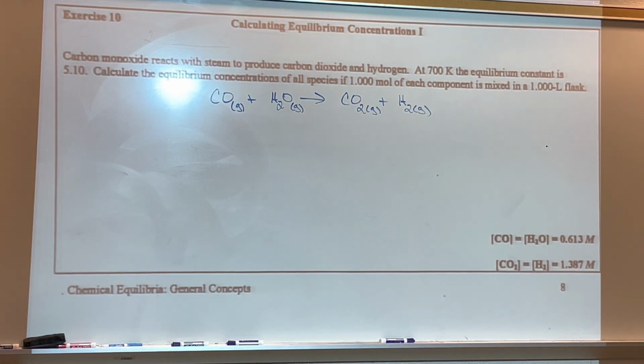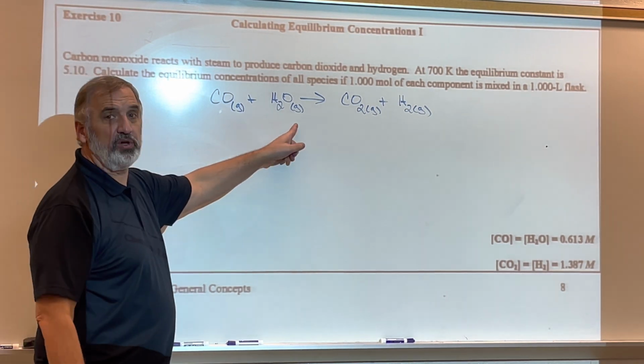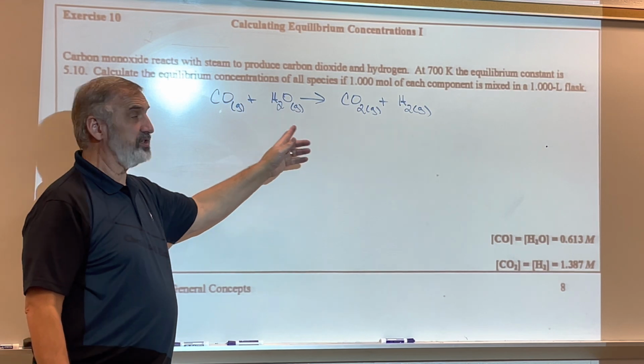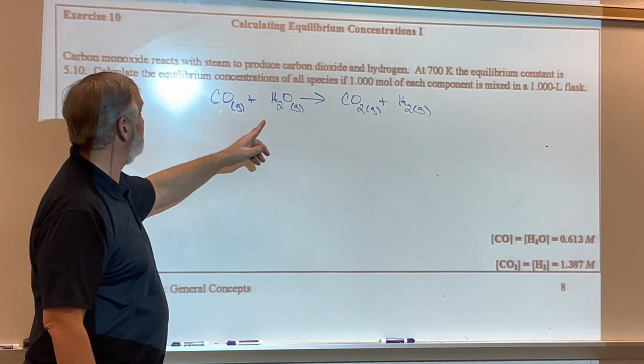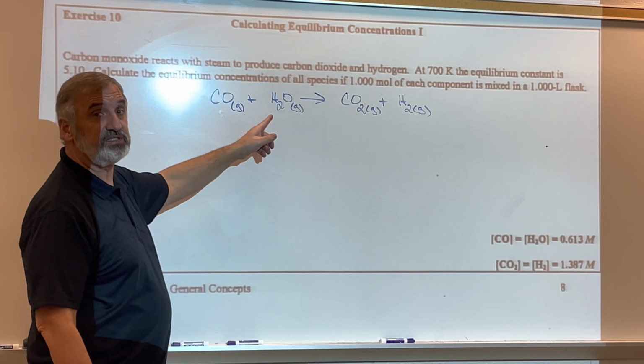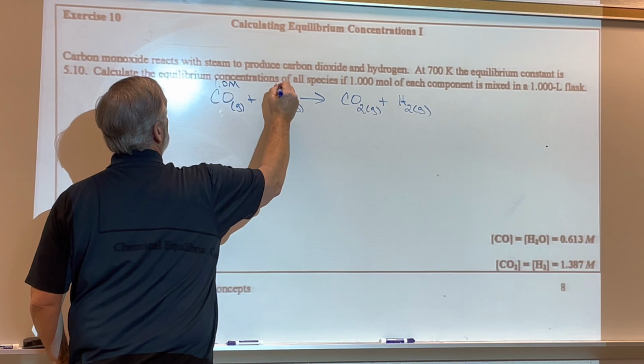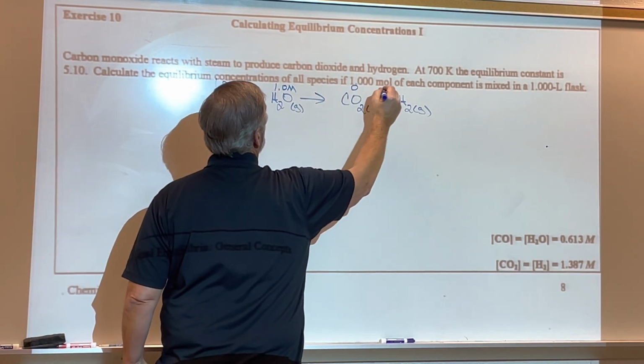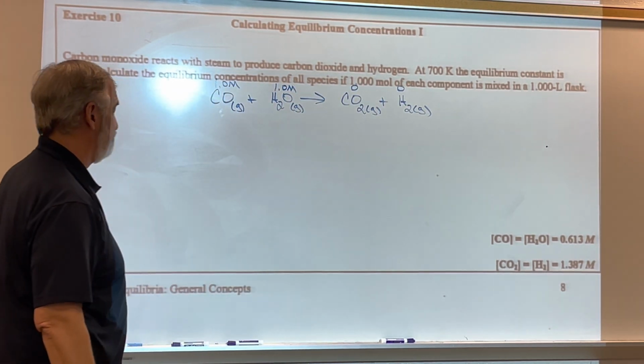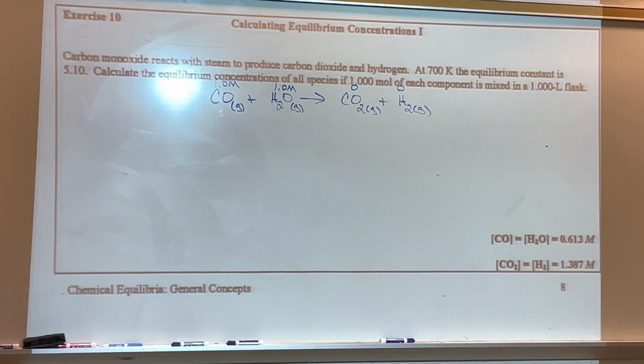Now, I'm going to assume that when they say calculate if 1 mole of each component is mixed, that's just going to be 1 mole of this and 1 mole of that, not 1 mole of everything. You're going to mix 1 mole of this and 1 mole of that in a 1 liter flask. So it's 1 molar. So your initial is 1 molar and 1 molar, 0 and 0. Otherwise, we have to do a different step.